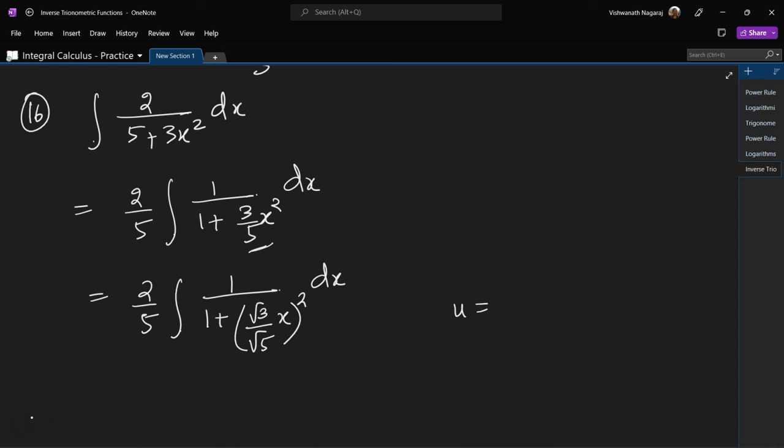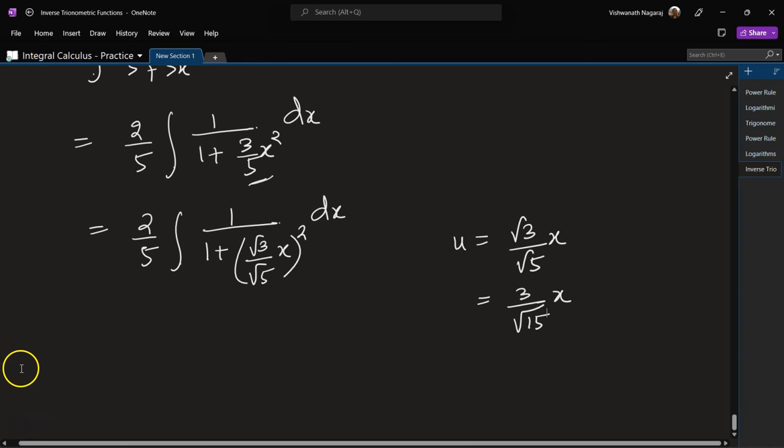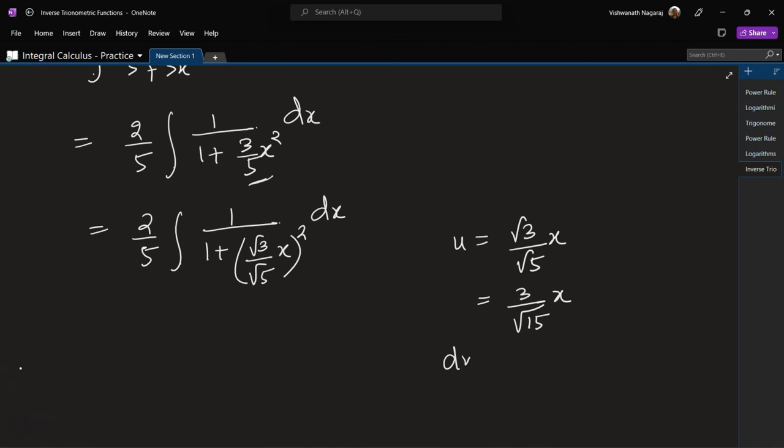So u will be square root of 3 by square root of 5 x, and this can be rewritten as, if we rationalize the numerator, what do we get? Root 3 times root 3 gives us 3, and in the denominator we get root 15x. So let's now differentiate.